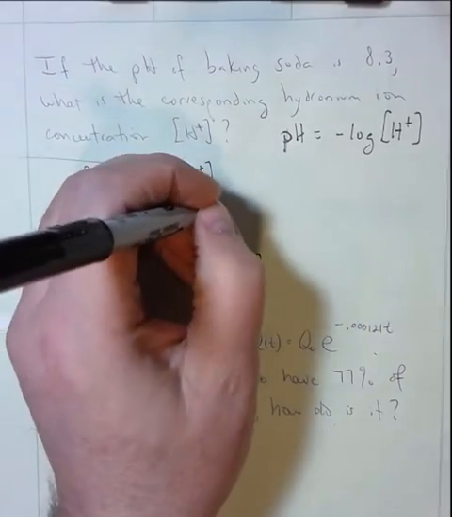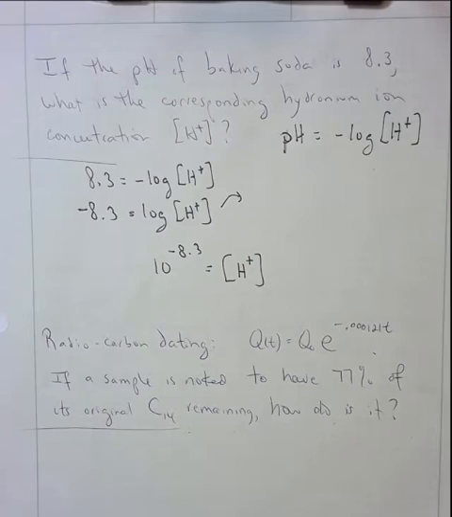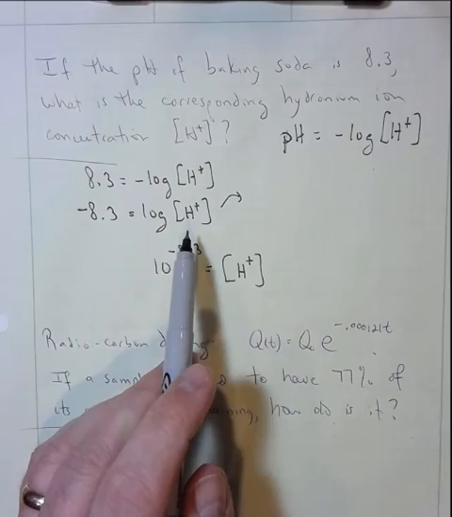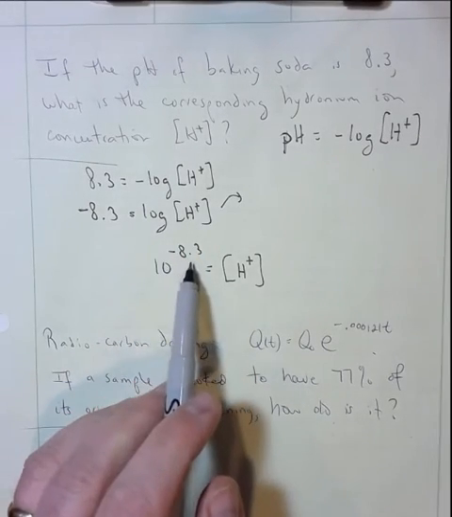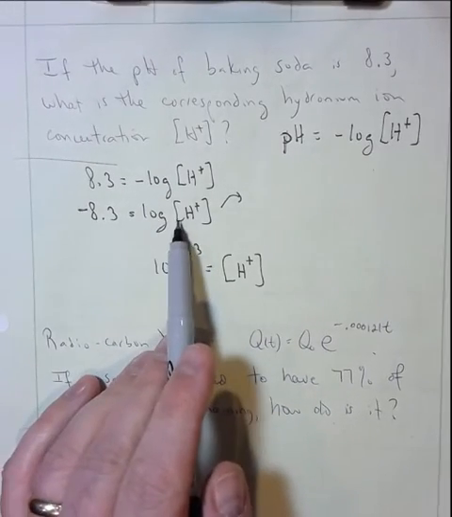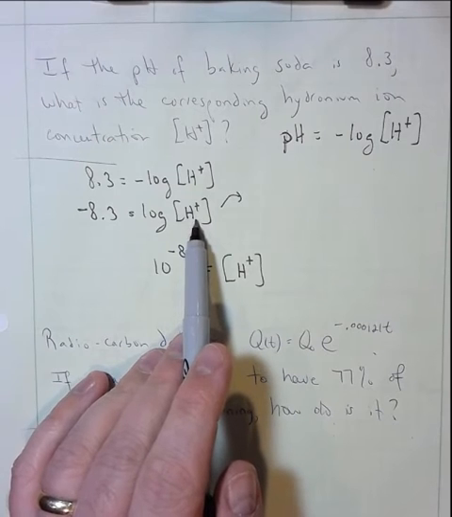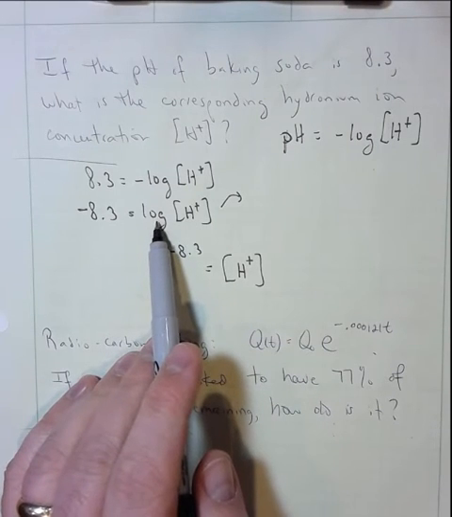The other way I could do it is by a more procedural algebraic process. So here what I can do is I can forget the definition of log for a minute. I can just say, look, I've got an equation. I need to dig out this H plus thing. What's in my way? Well, the log is in my way.